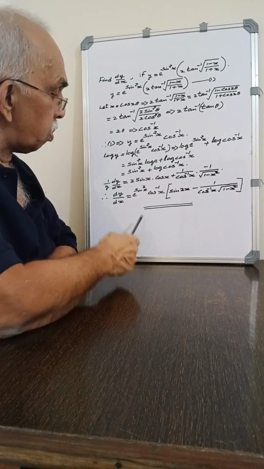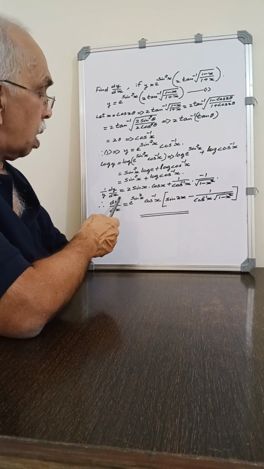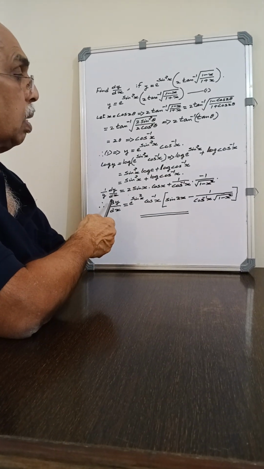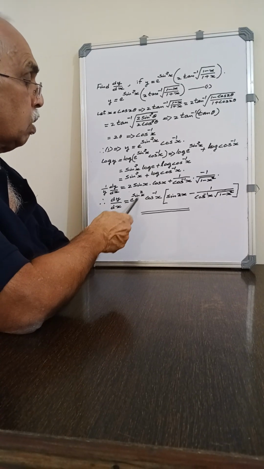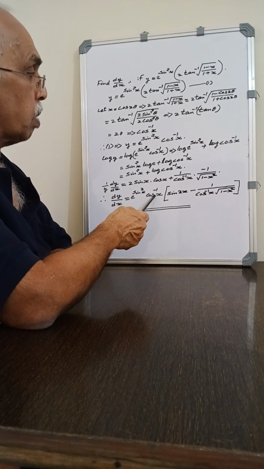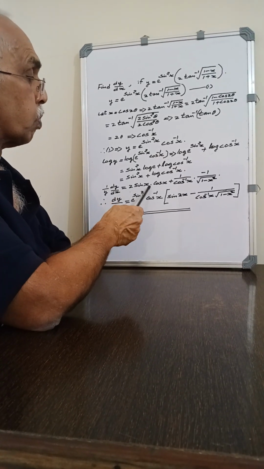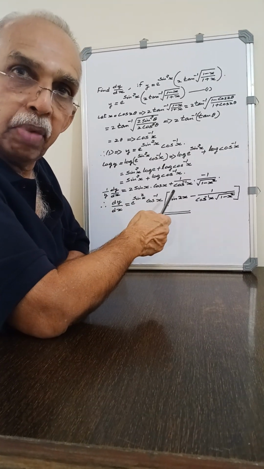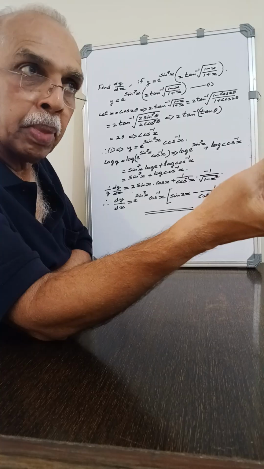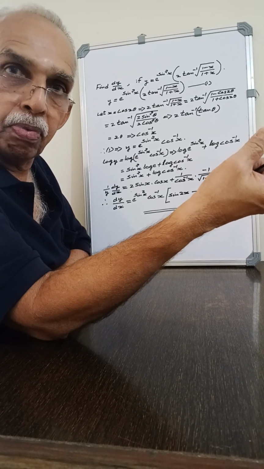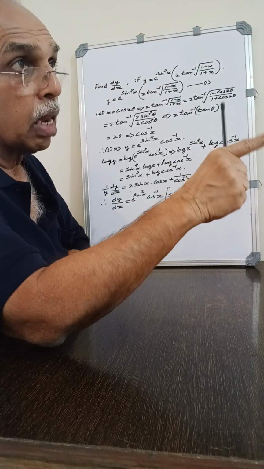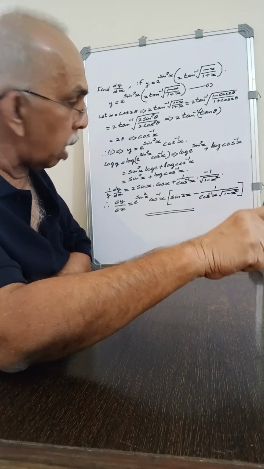Therefore, we get the final result: dy by dx equals e raised to sine squared x cos inverse x into 2 sine x cos x. We have a simpler formula for that: 2 sine theta cos theta equals sine 2 theta.